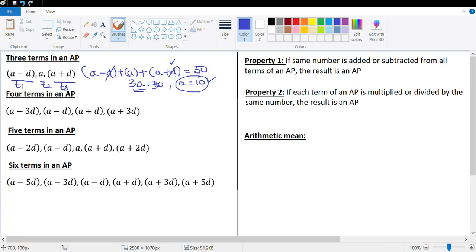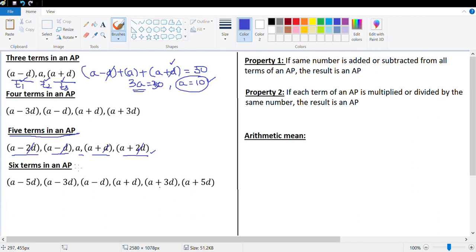So if you have 3 terms, which is an odd number of terms, you should take it as a minus d, a and a plus d. Again, if you have 5 terms, you should take a minus 2d, a minus d, a, a plus d and a plus 2d. That's basically the same logic. When you add these 5 terms, negative 2d and plus 2d will get cancelled, negative d and plus d would get cancelled.